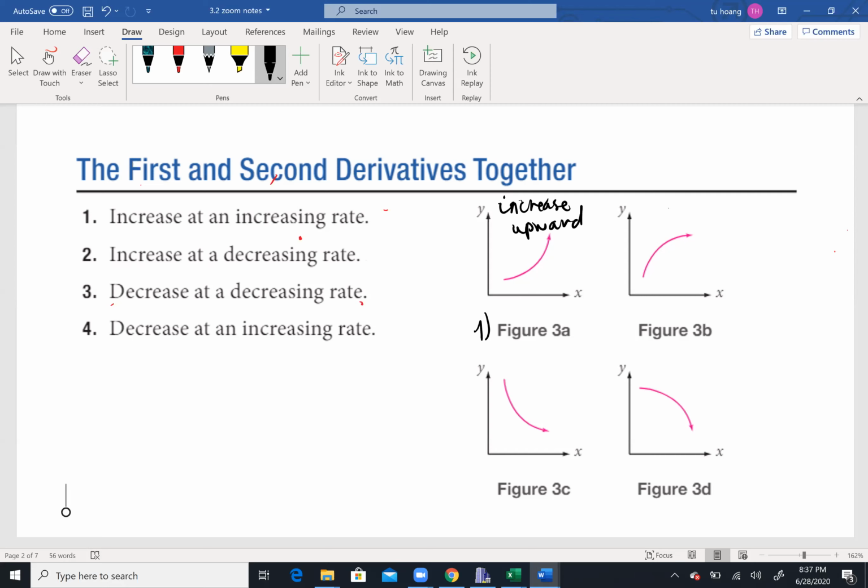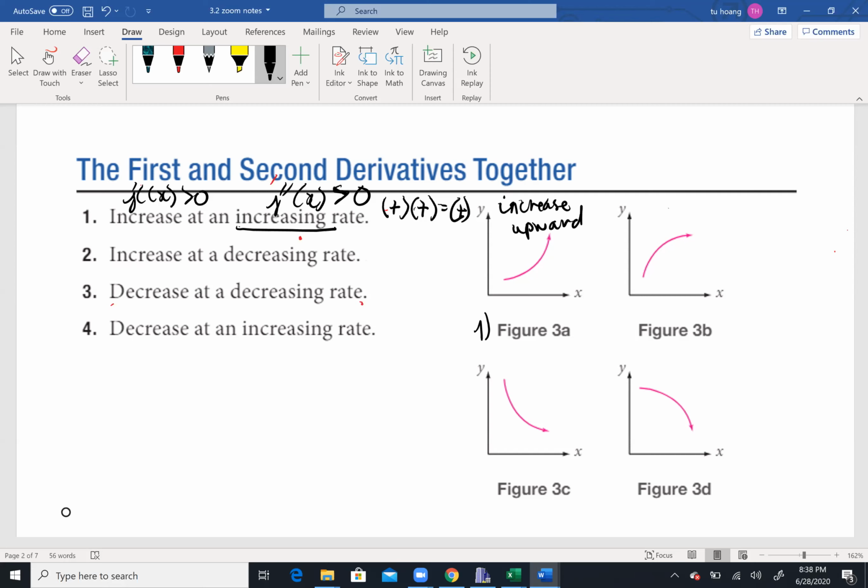So we have f derivative of x greater than 0, and f second derivative of x also greater than 0. So this increasing rate depends on the sign of the first derivative multiplied by the sign of the second derivative, and that becomes positive. That makes the function increase at an increasing rate.